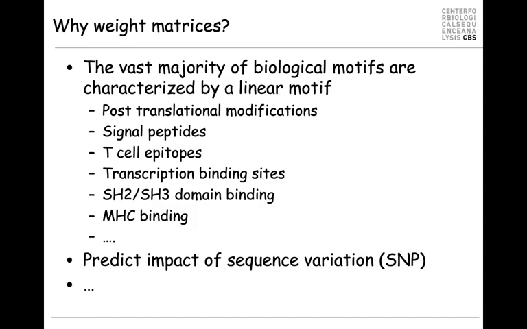Another important thing is phosphorylations, for instance, PTMs in protein sequences: which sites in a given protein can be modified by phosphorylation. Again, the motif that defines if a given site can be modified is defined by a linear motif, as we'll go over today. So these are very important aspects describing a lot of biology.